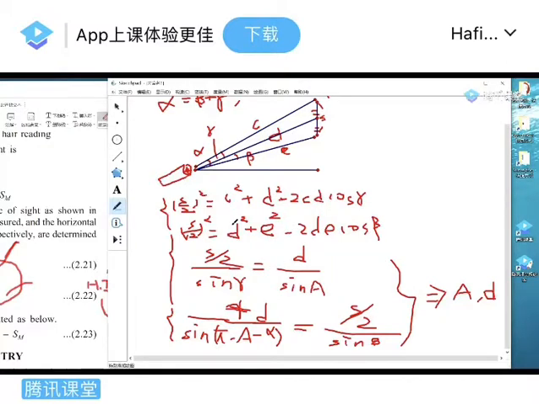D is known. Gamma known. Beta known. S known. Everything is known except C and E. C is over here, E is over here. Based on this one, you can get a relation between C and E. C will be some function that depends on D. I don't do all the calculation.